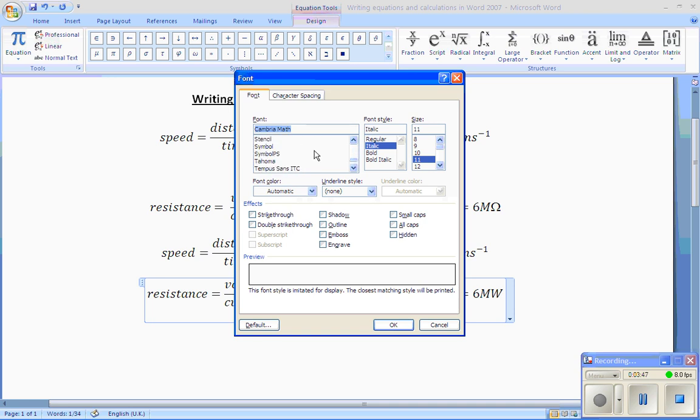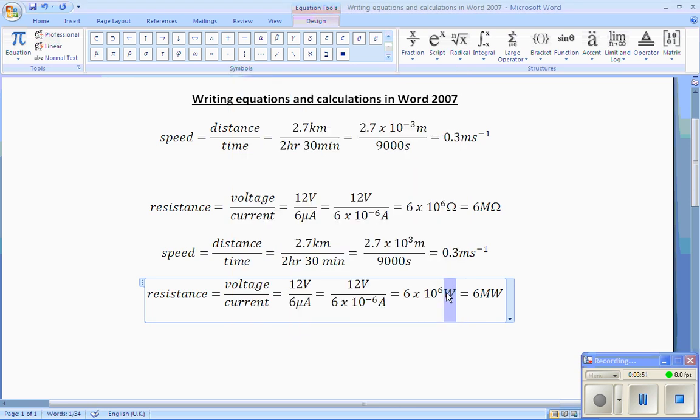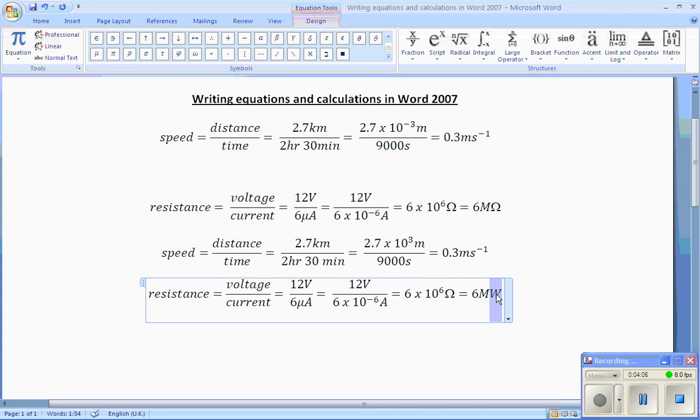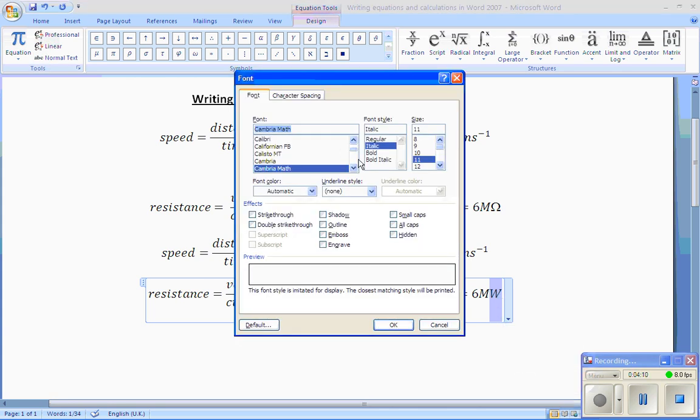the capital W, hopefully, if I actually change this into the right thing, if we now go on to normal text for that, the symbol font will bring us the ohm sign up, and hopefully this will also do it for us.